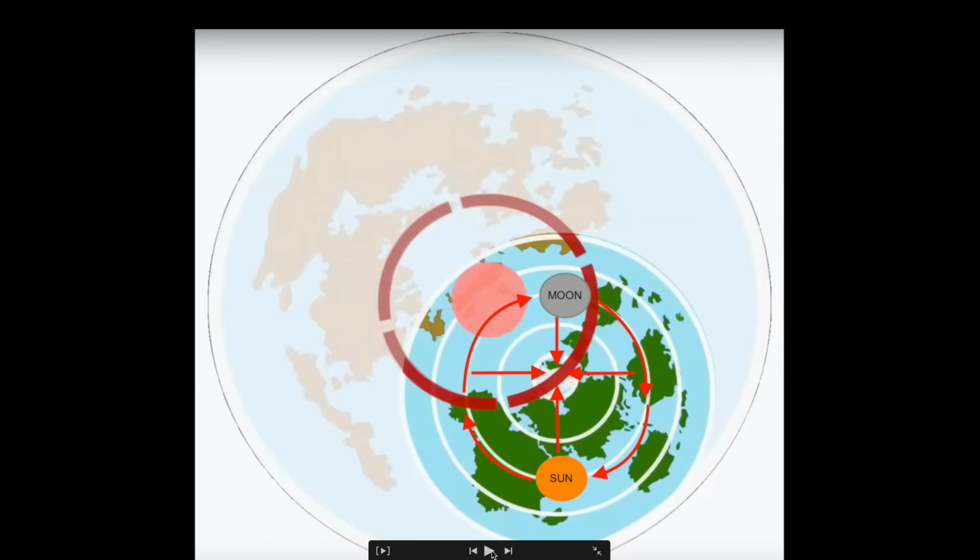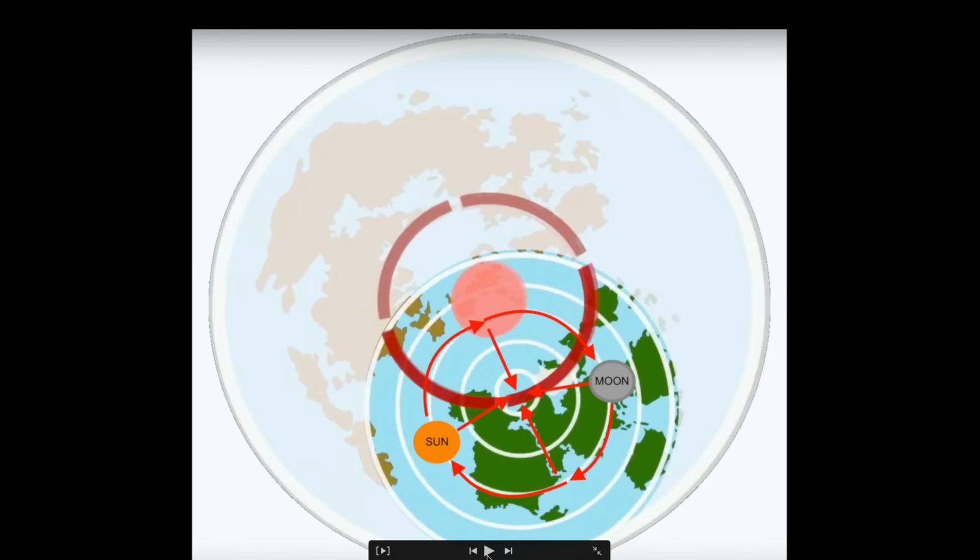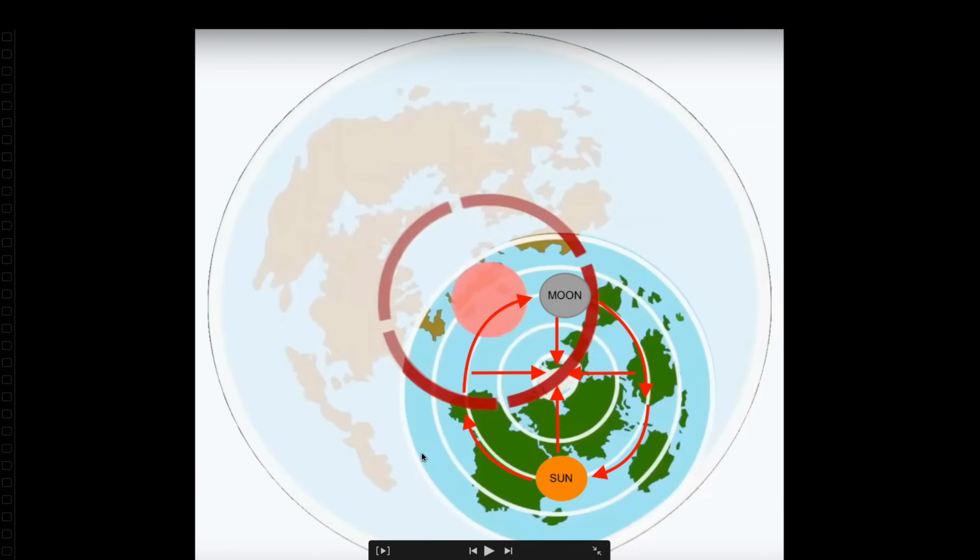That's what it does. You want an illustration? Watch this. Oops, did you see that? Watch closer. Watch what happens to the shaded area. See this Antarctic circle? See the outermost line right here?